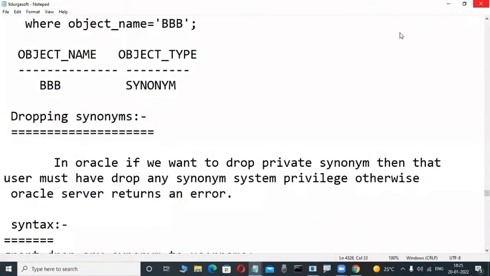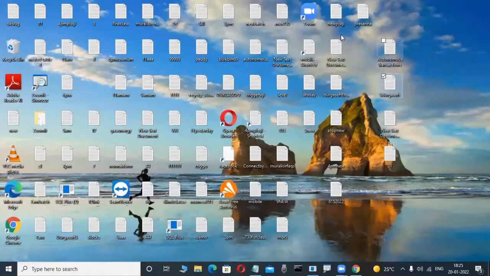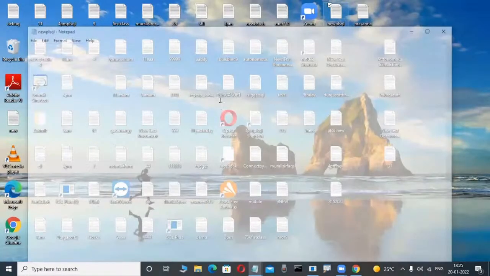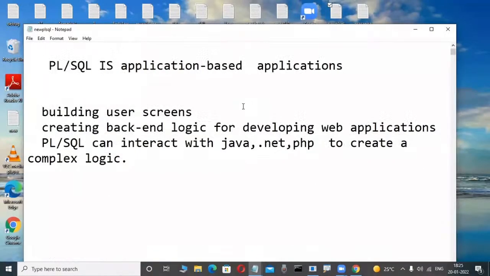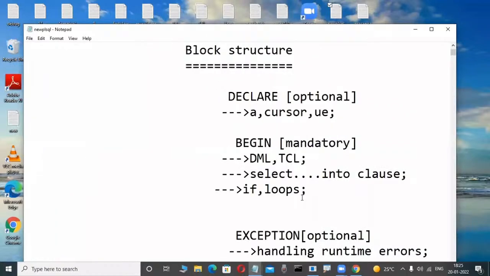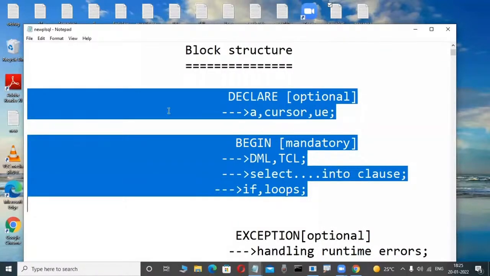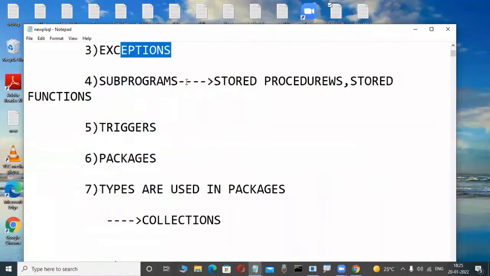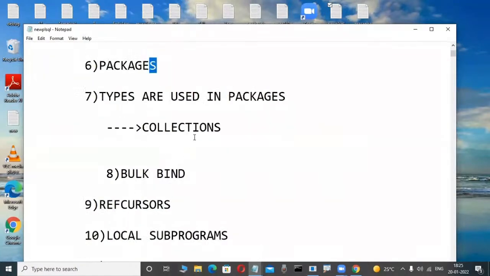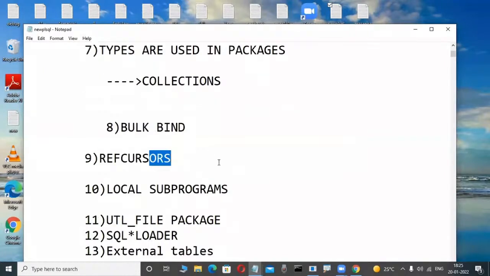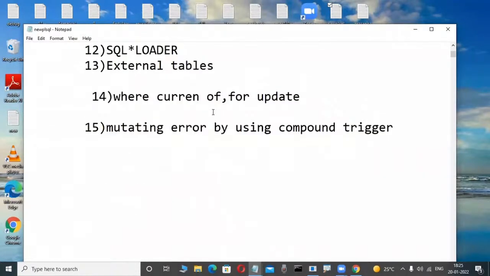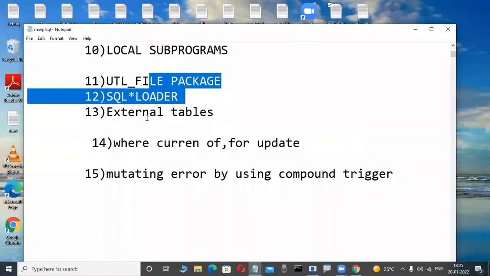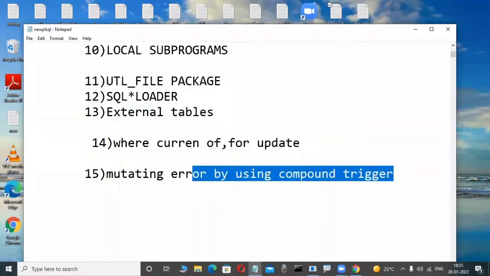These are big concepts. Again, PLSQL means some little bit of coding. Don't be afraid. In PLSQL you write this type of little bit of coding: cursors, exceptions, stored procedures, stored functions, triggers, packages, types, collections, bulk bind, ref cursors, local subprograms, UTL file packages, SQL loader, external tables, so many things like this.